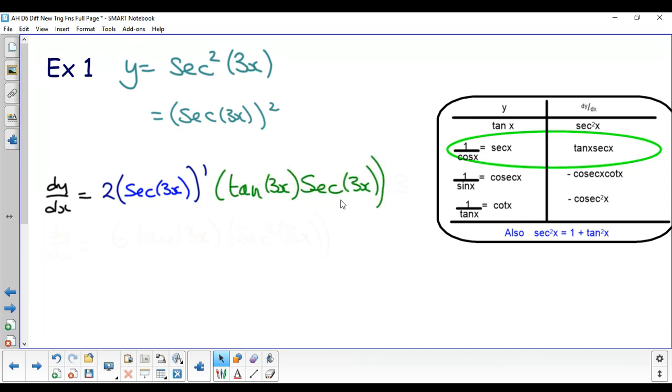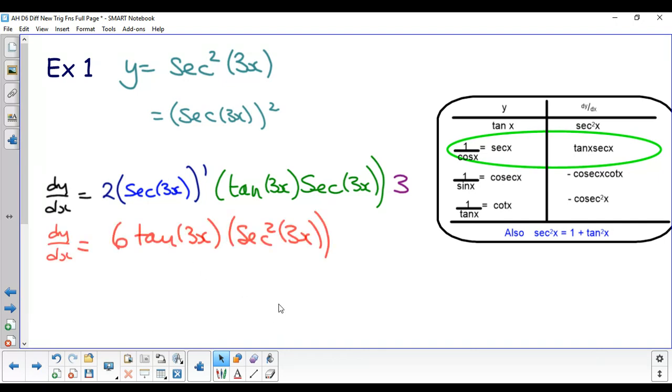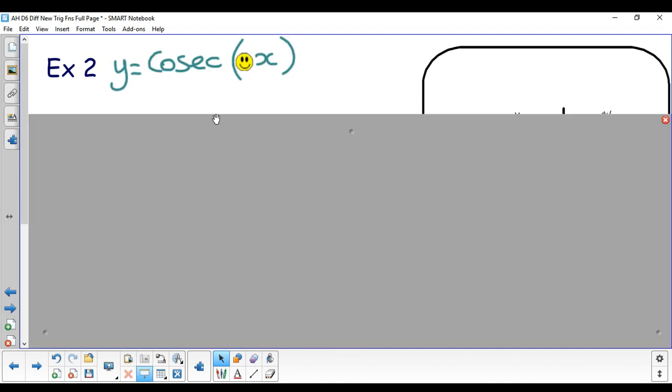So we'll get tan sec as a chain rule, and then the 3 as well. So then you end up with 2 times 3 is 6, 6 times sec squared, and tan x. Doesn't matter to me which one comes first there, but I put the 6 to the front. Okay, I don't need an extra bracket in there, I've just got bracket happy. I can be really silly and even put a smiley face.